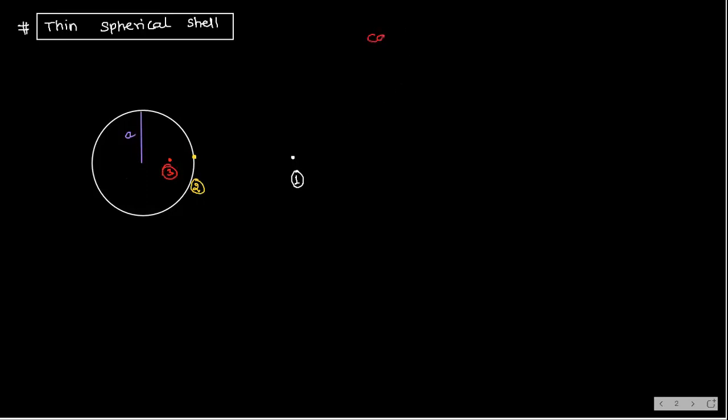So see here, case 1 with the white line. Case 1, point is outside the shell. Means R is definitely greater than radius. Then what is the formula? E out is equal to Gm by R square.